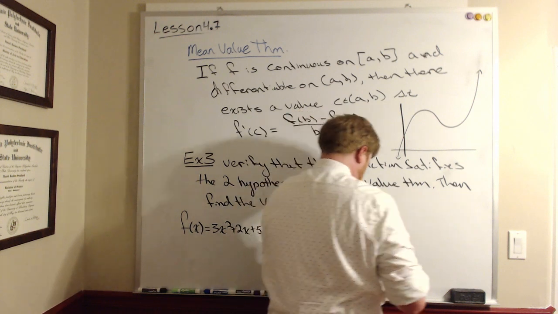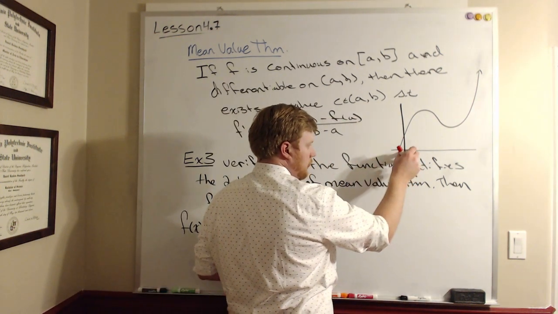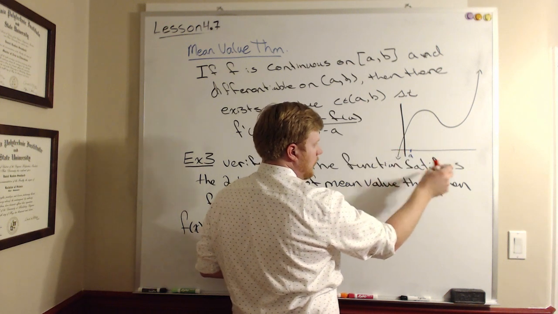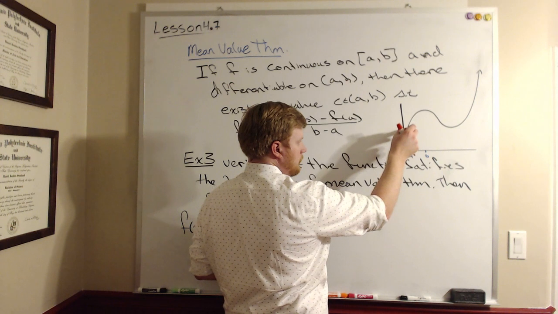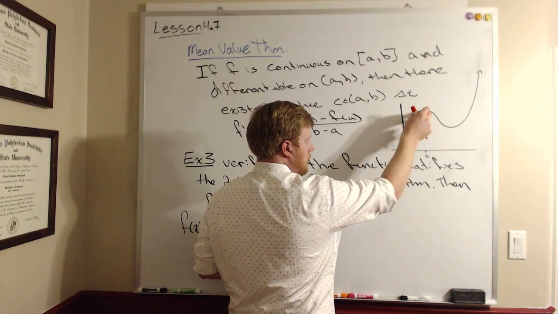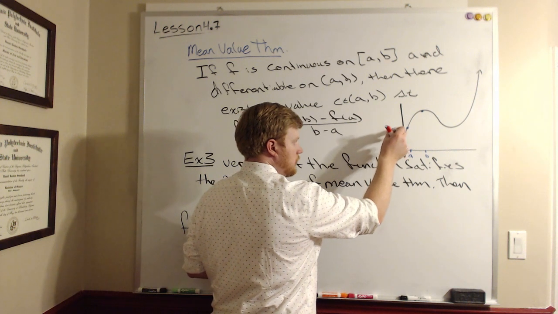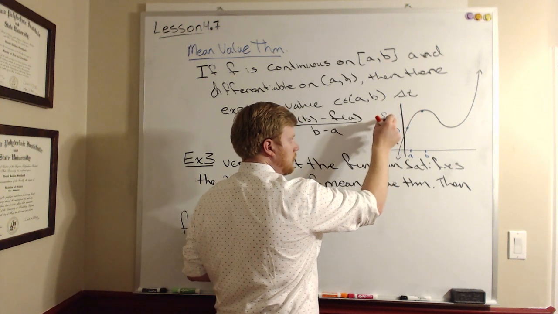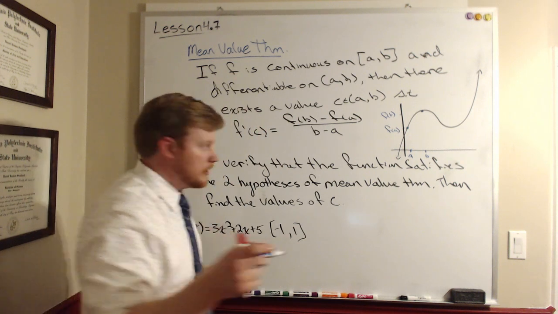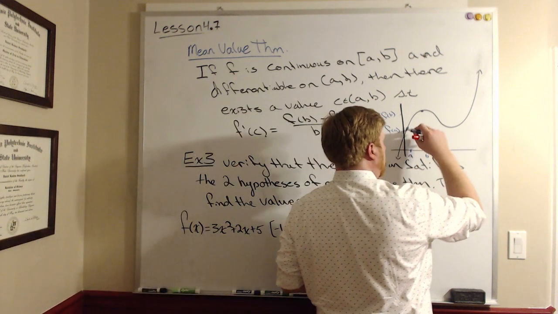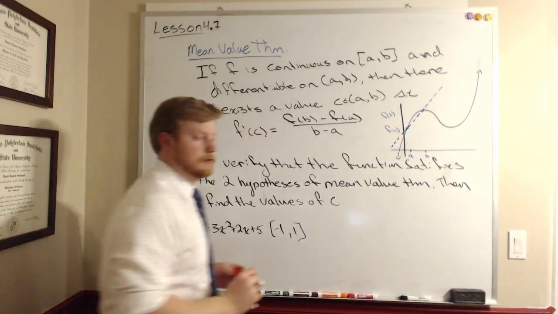Basically, given an interval a to b, the average rate of change is represented by the slope of that secant line.